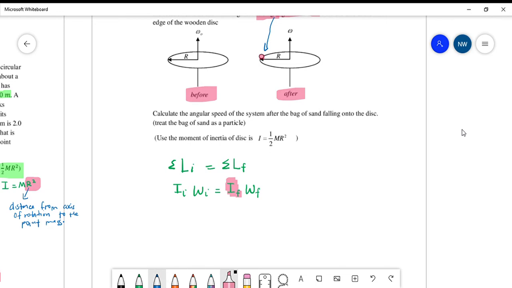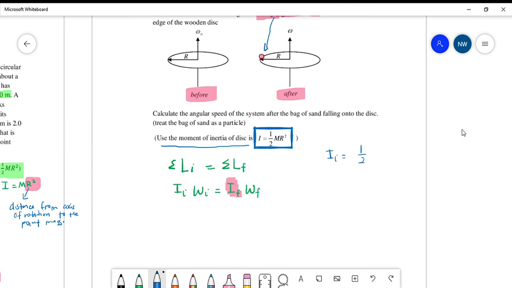Okay, so first we just need to calculate the moment of inertia initial. We calculate it separately. We're going to use what's given in the question, which is I for the disc will be half mr squared.